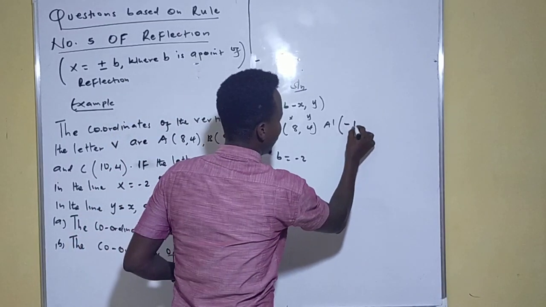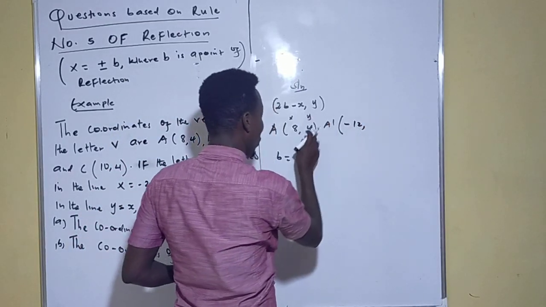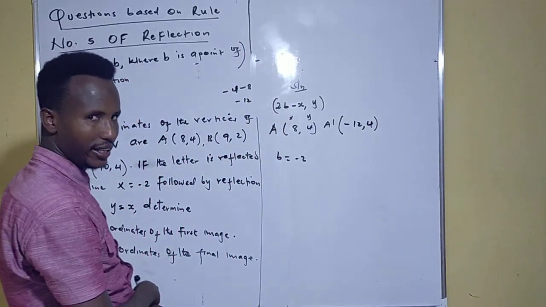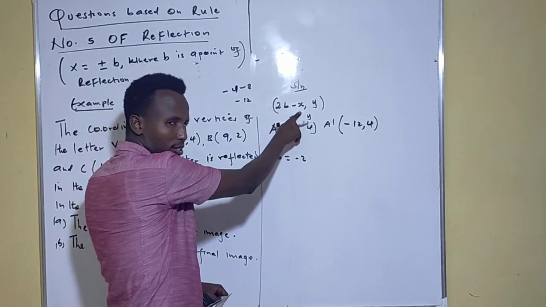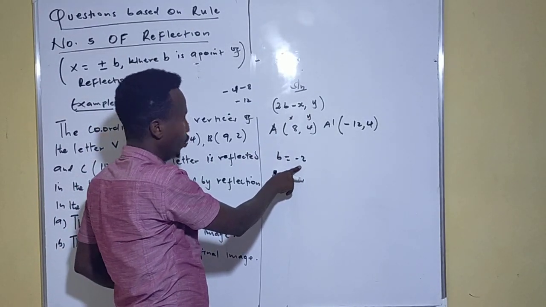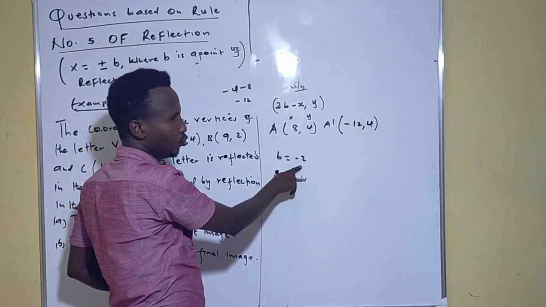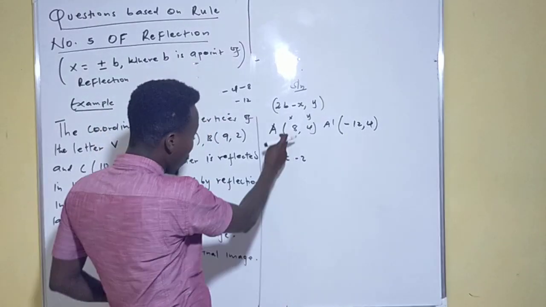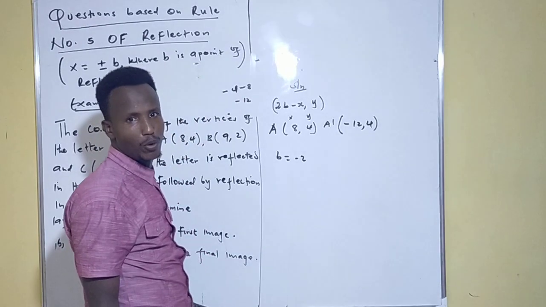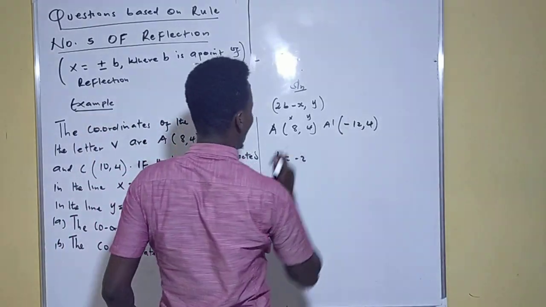So I write negative 12, comma, then y will not change, 4. What have I said? 2b minus the x coordinate of the point given, comma y. So A prime is (negative 12, 4).